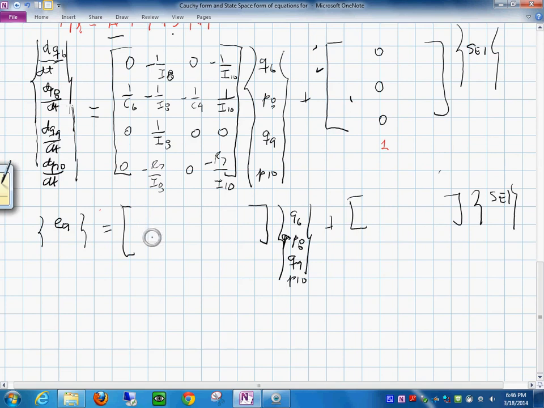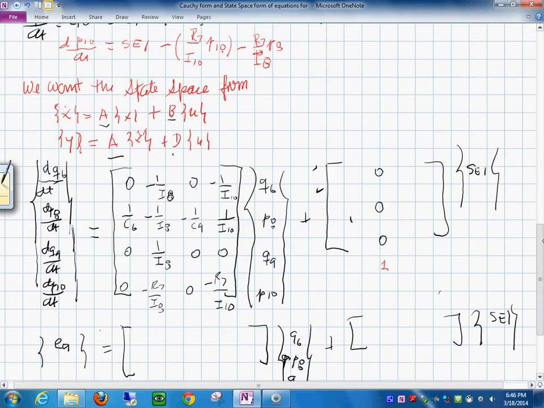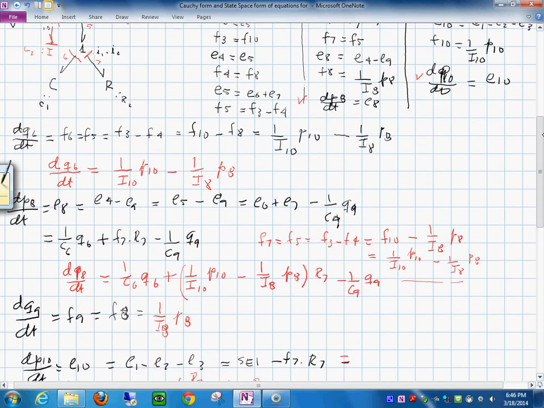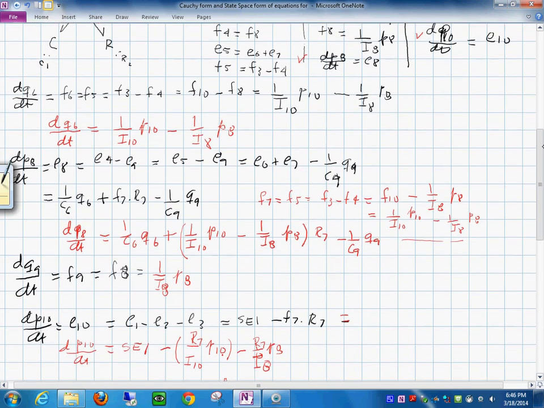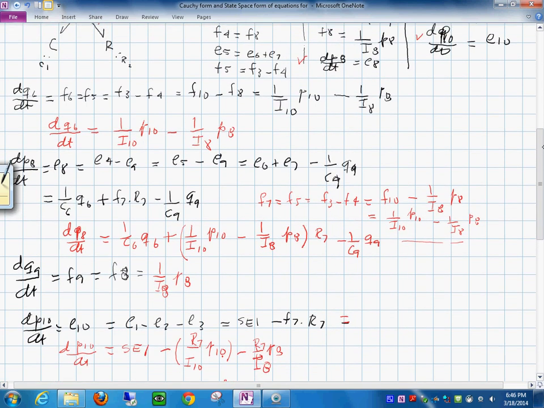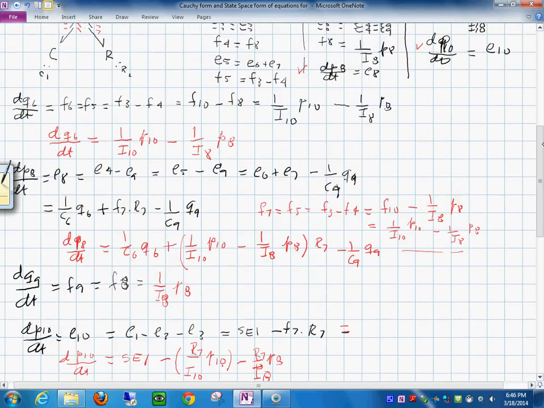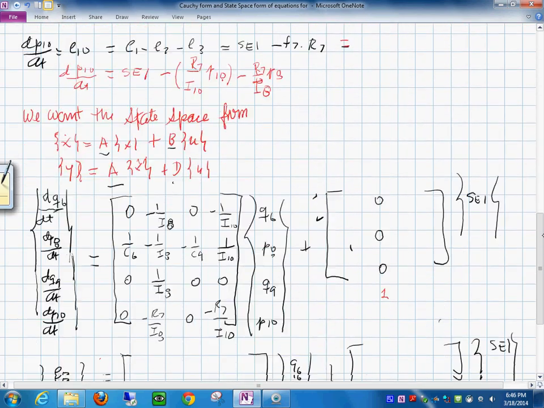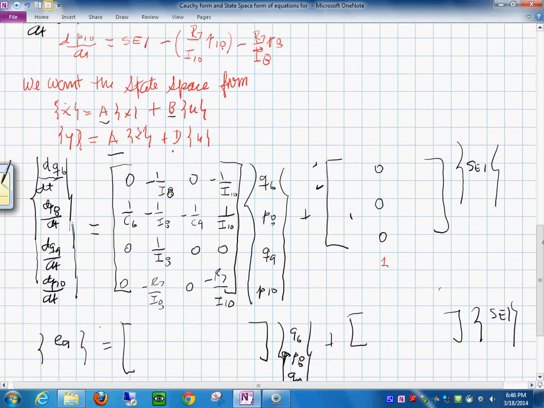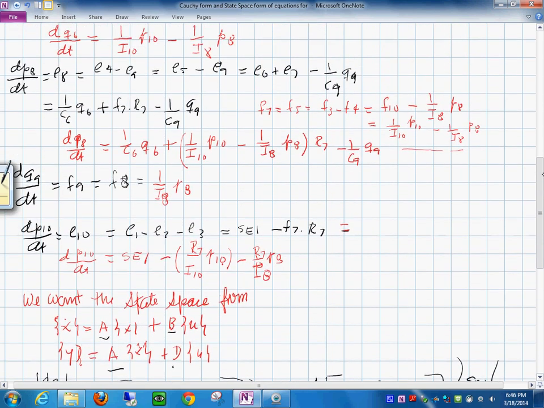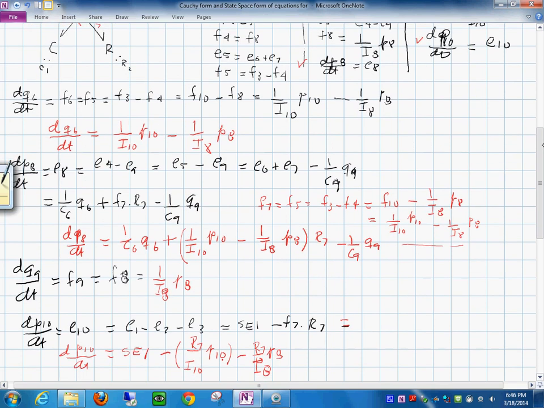So E9, I already looked at it, is just the 2. Okay, so we need the C and the D matrices. For that purpose, we need to know what E9 is, which is the output that we want.